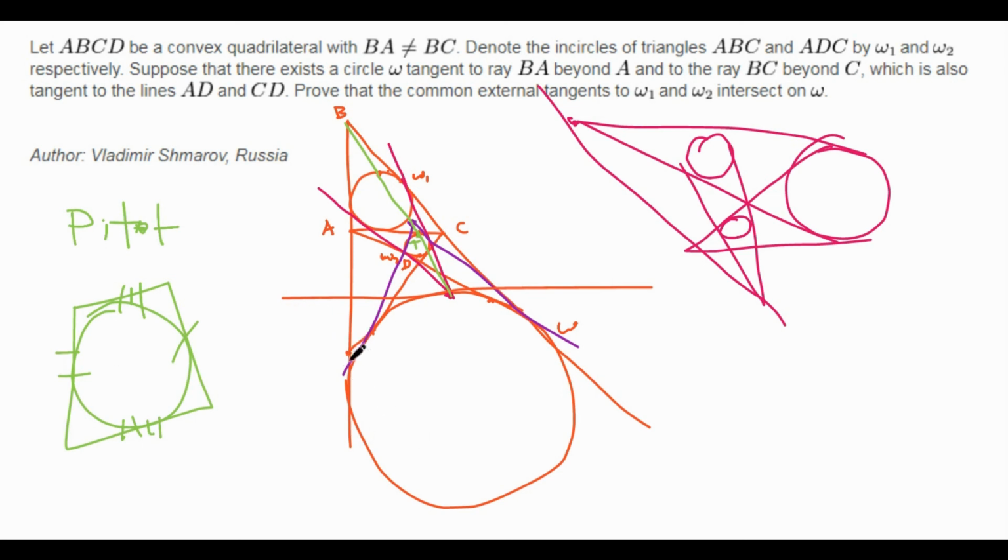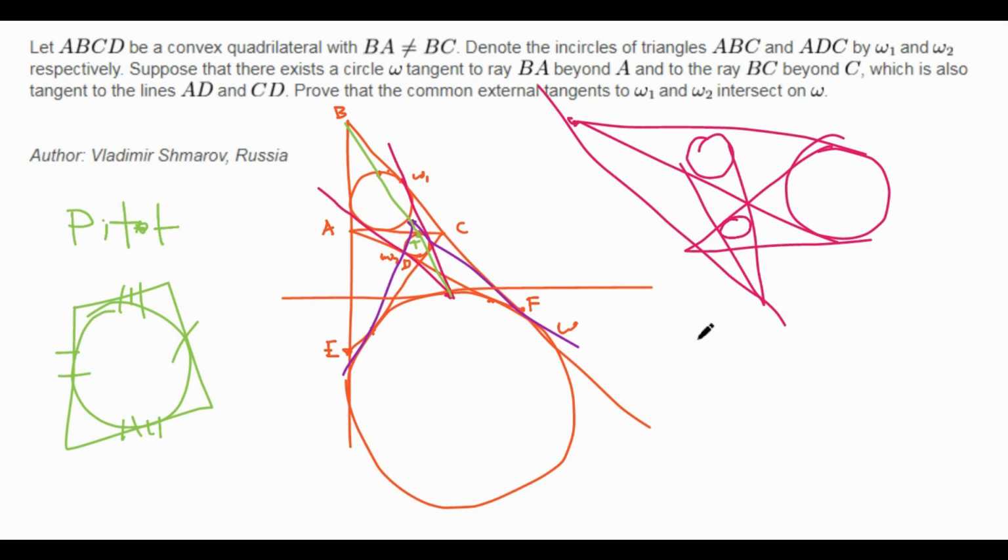So for convenience, let's let this point be E and this point be F. The intersection of AB and CD is E, and the intersection of AD and BC is F. So we want to prove that two of the sides of quadrilateral BEDF sum to the same thing as the sum of the other two sides, because this omega is one of the X circles, I guess you can call, of quadrilateral BEDF.